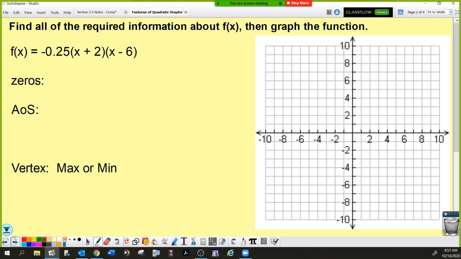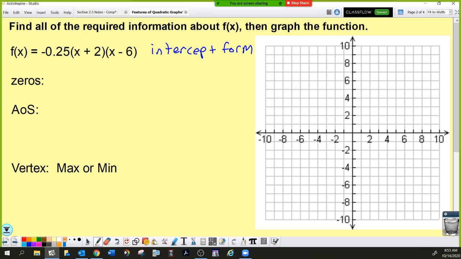It could be vertex form, standard form, or intercept form. We look at this one, you see 2 sets of parentheses. You should immediately identify that as intercept form. You might as well write it. This is intercept form, 2 sets of parentheses.